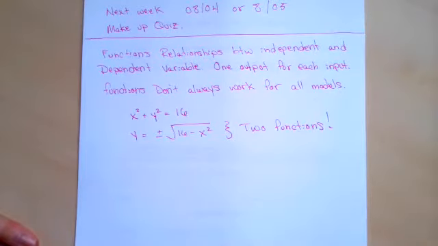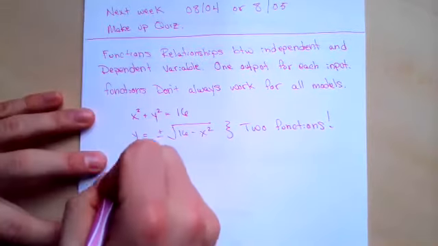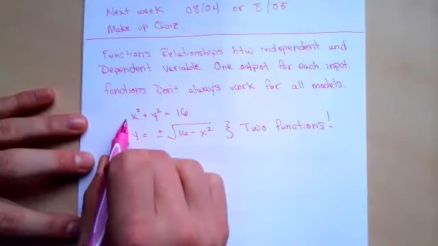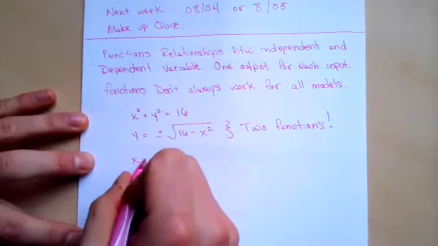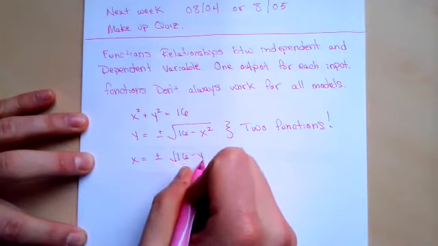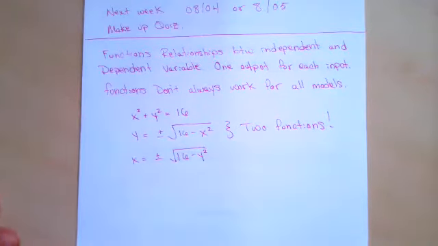And this is whether we solve for x or solve for y, right? Conversely, if I tried to write x as a function of y, we would get essentially the same thing. And in either case, there's not a natural choice of independent versus dependent variable.